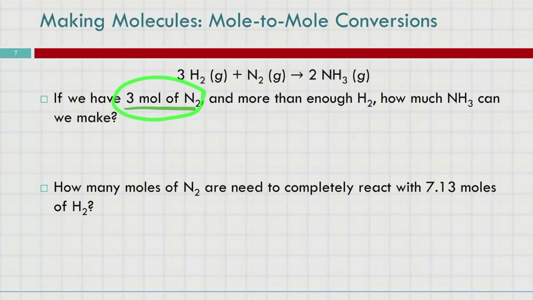Okay, so we're starting with N2. Let's identify the nitrogen in our problem. The other thing that we care about, the thing we're going to, is ammonia. So we'll also underline the ammonia. Then we pluck those 2 chemicals and their coefficients and make our conversion factor.